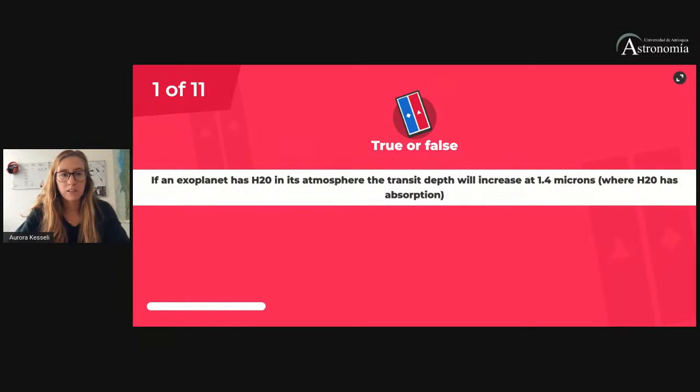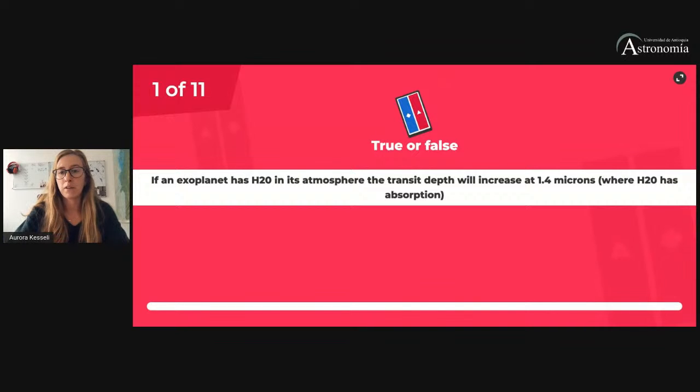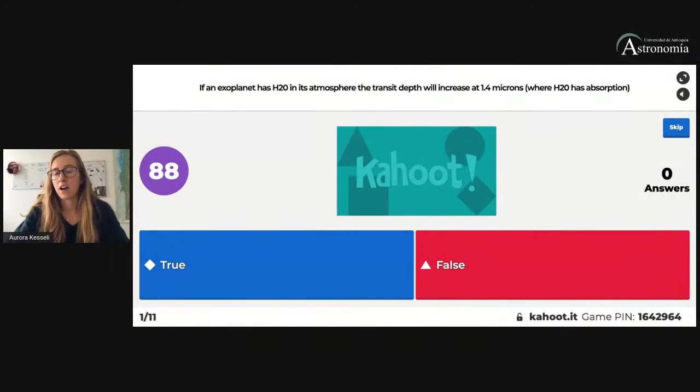True or false? If an exoplanet has water in its atmosphere, the transit depth will increase at 1.4 microns, where water has absorption.